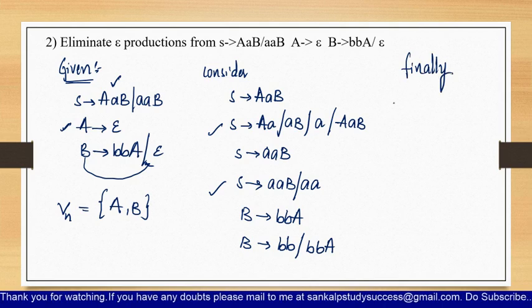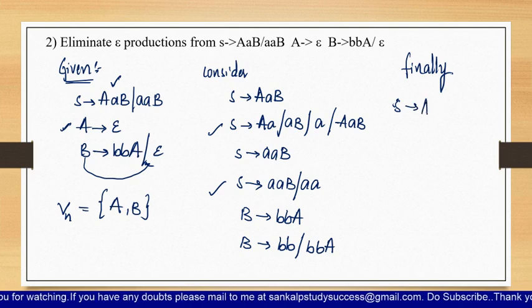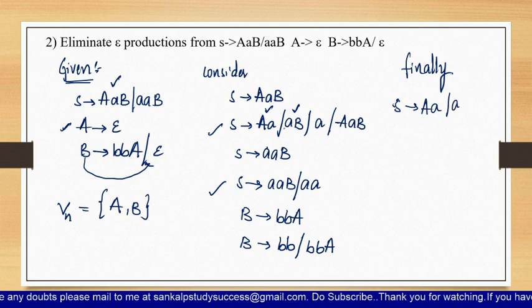Finally, what we are left with is S tends to capital A and A. This is the production after removing. This will be another production after removing. Capital A, small a is one production, and small a is another production.